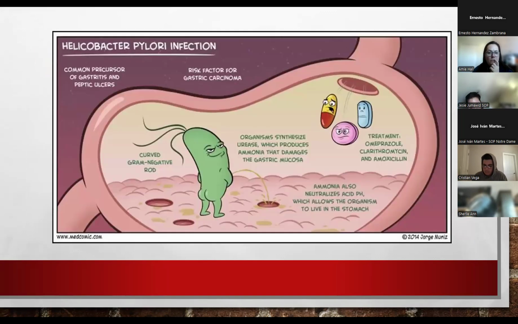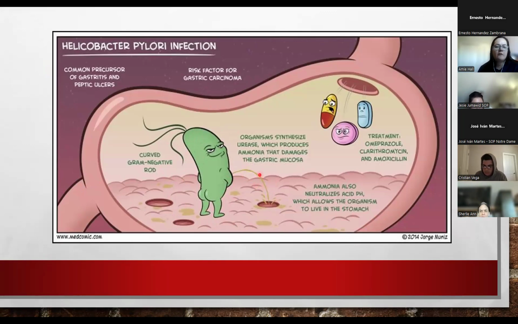All right, so just a little cartoon of everything that we talked about here as it relates to H. pylori. We have the bacteria infecting us. It's a gram-negative rod that lives between the epithelial surface and the mucus. It releases urease to bring the pH of the stomach up so it can survive in that environment.